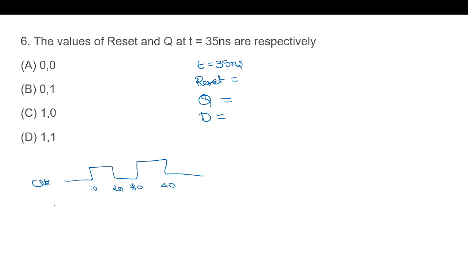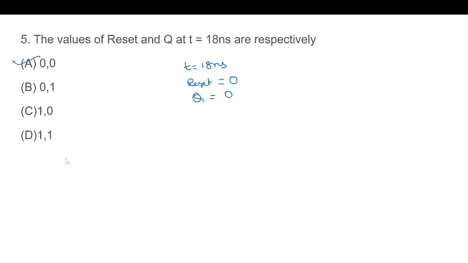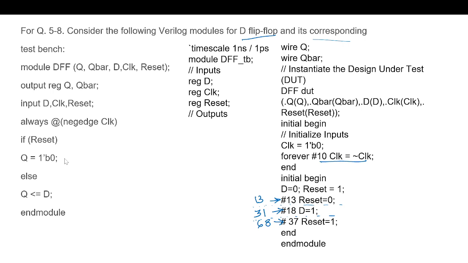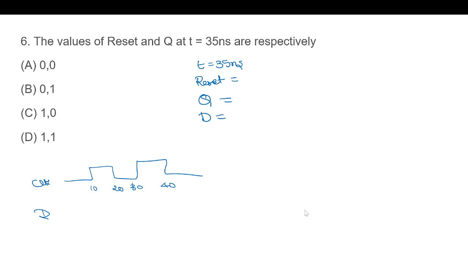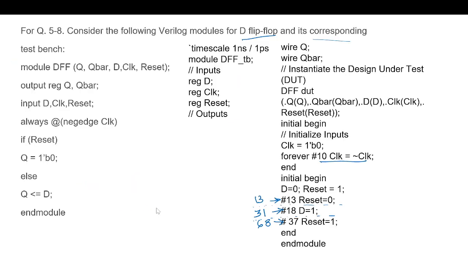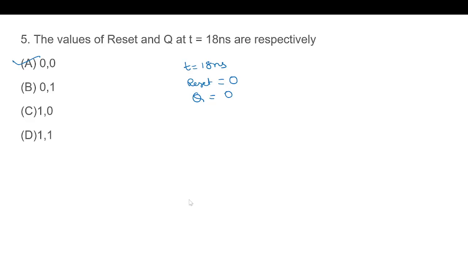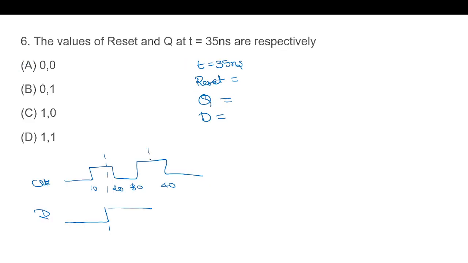This is the clock. And then the D input is changing at 18, somewhere here. D is going to 1 and remaining in 1. Sometime D is changing to 1 at 18. And 35 is this point, what will be the output.